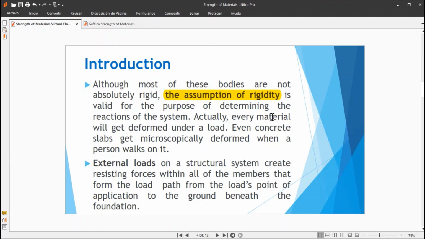So we have to clarify this. There are no materials around the world that are perfectly rigid. This is a lie. This is something that is not true.